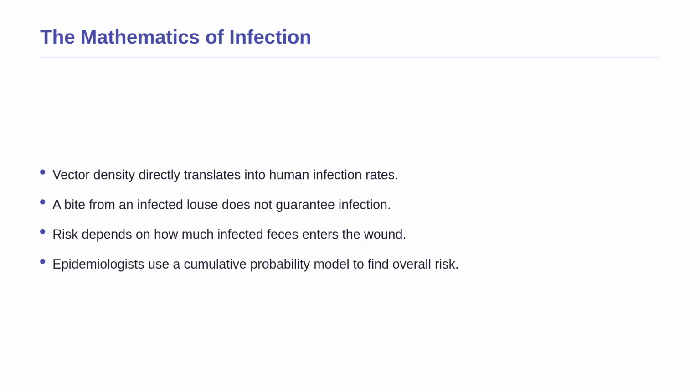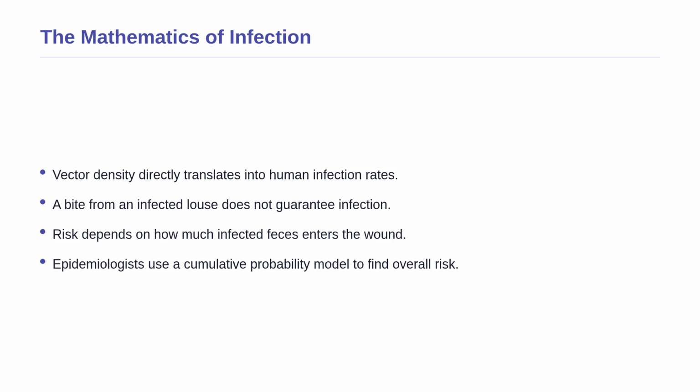So, we have proven that louse populations explode rapidly. This brings us to the actual infection process. We must examine the mathematics of how vector density translates into human disease. It is important to understand that just because a person is bitten by an infected louse, it does not mean they will automatically contract the disease.